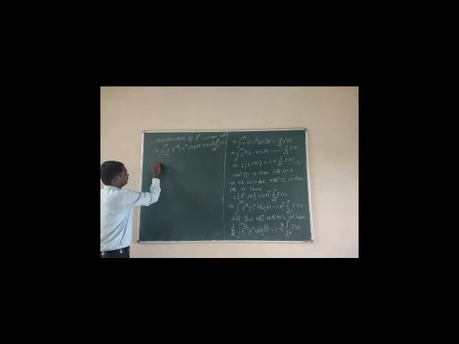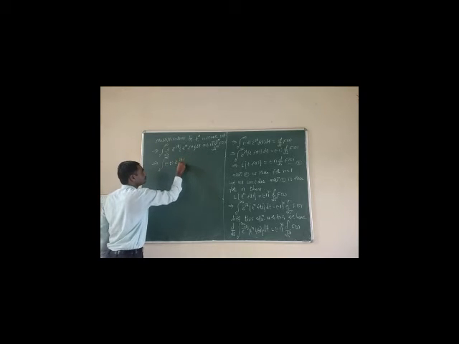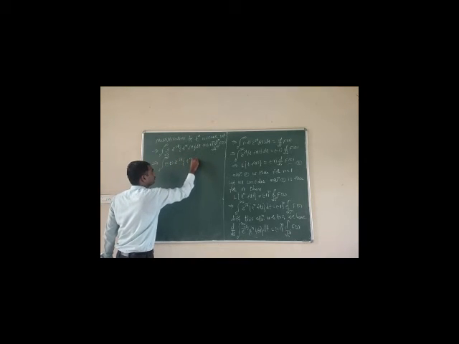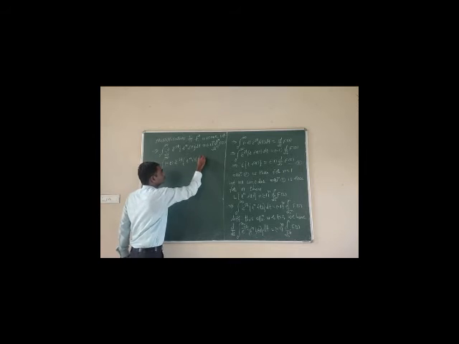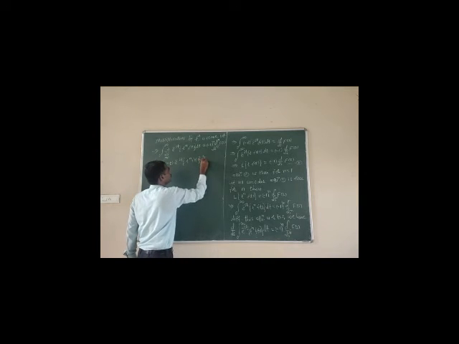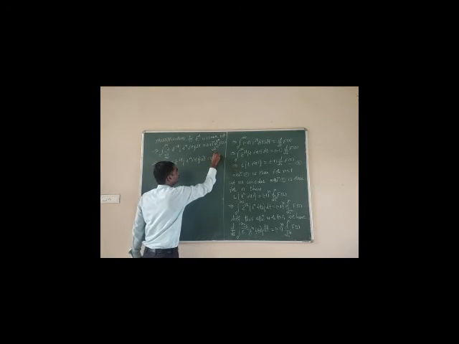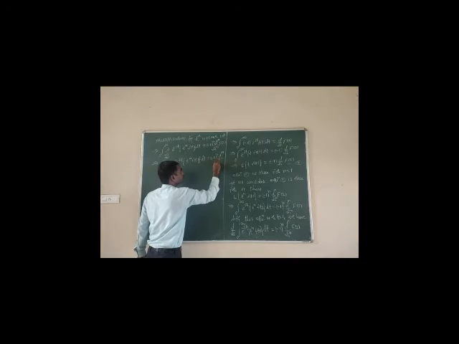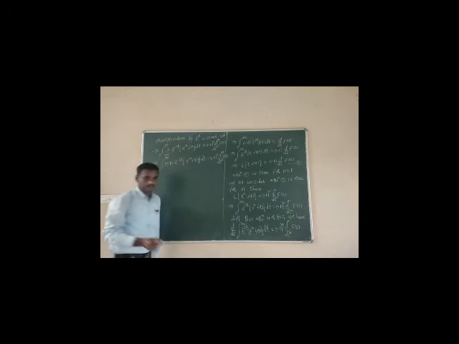So differentiate with respect to s. This is the integration from 0 to infinity of minus t into e to the power minus st, t raised to power n f of t dt, equal to minus 1 to the power n, nth derivative with respect to s of f of s.